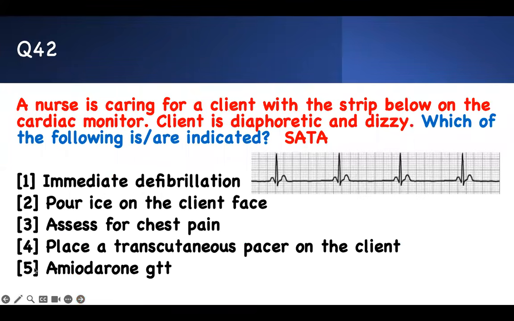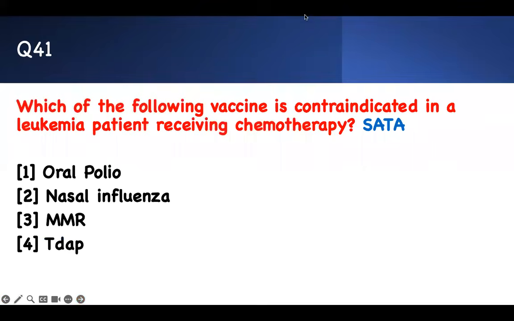Next question. Which of the following vaccines is contraindicated in a leukemia patient receiving chemotherapy? Rewrite it. Select or apply. I'm a leukemia patient getting chemo, and which of these can I not get? Oral polio, no, you can get the IM one.